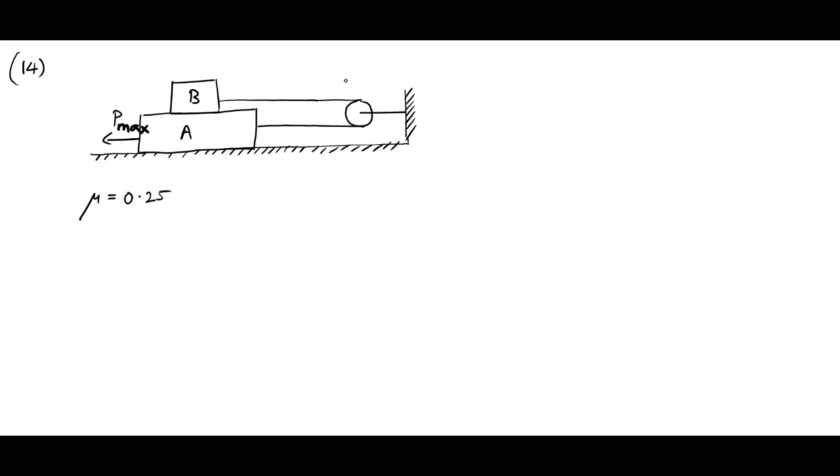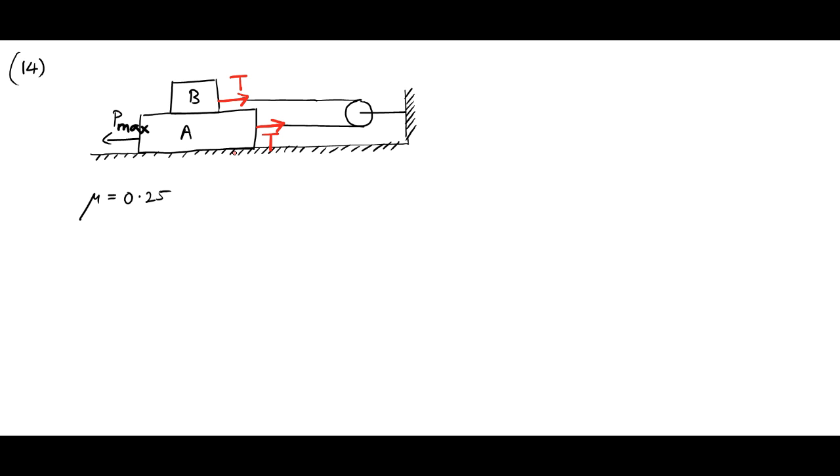Now the pulley and the string, these are given to be ideal. So that would mean that in the FBDs, the tension which the string applies on block B, let's call it T, the same tension prevails at the other end too. The tension remains the same.